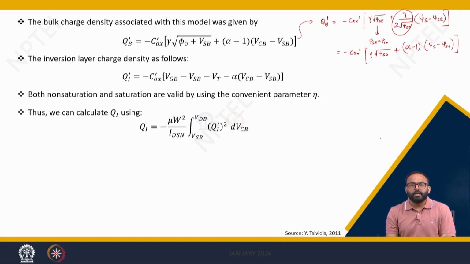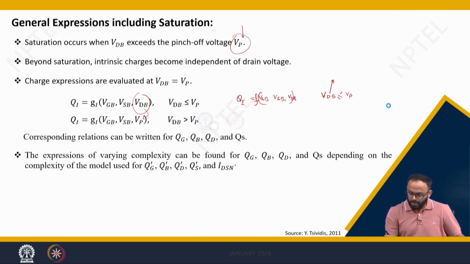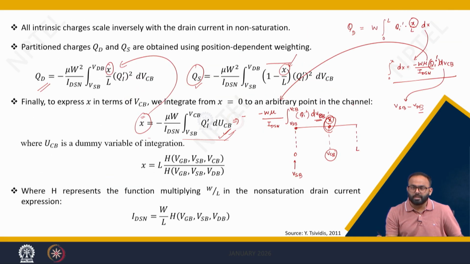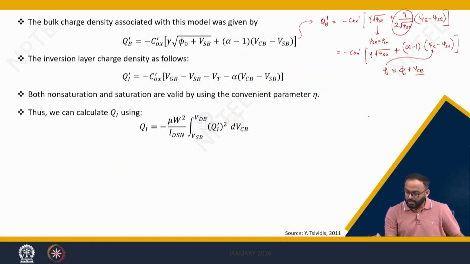As we are considering the case of strong inversion, the surface potential can be replaced as phi naught plus VCB. This surface potential is the potential at the arbitrary point x, that is what we just derived. It is nothing but phi naught plus VCB. Similarly, the surface potential psi_S0 near the source can be given by phi naught plus VSB.